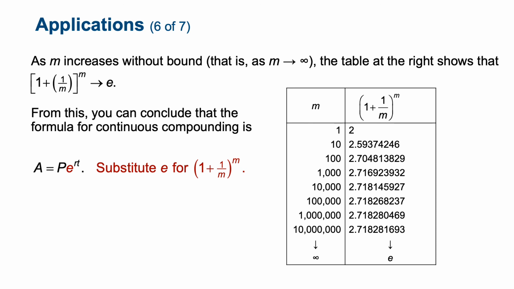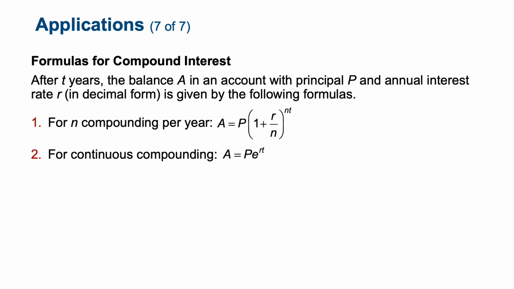That's kind of the way I remembered it. So finally, if I compound n times a year, I use this formula, A equals P times the quantity 1 plus r over n, to the nt. And if I compound continuously, which will be given in the problem, you just use A equals Pe to the rt.